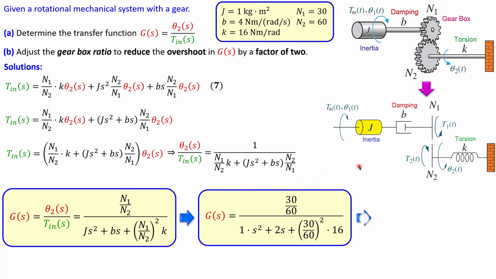So then you get the following, if you simplify this, 0.5 over s squared plus 2s, and this is 1 over 2, so 0.5 squared will be 0.25, or 1 over 4 times 16 is 4. So this is our final transfer function. It's actually the result for question A.